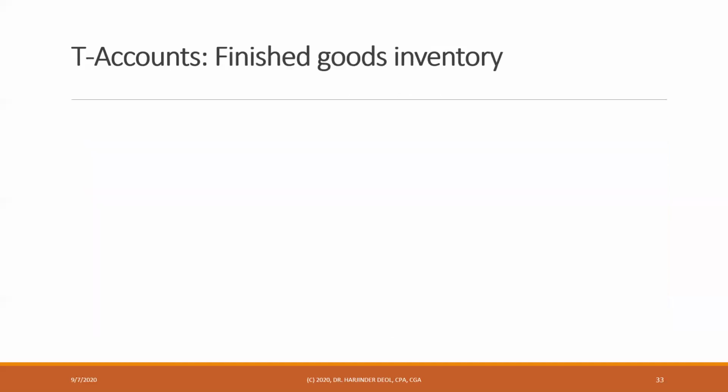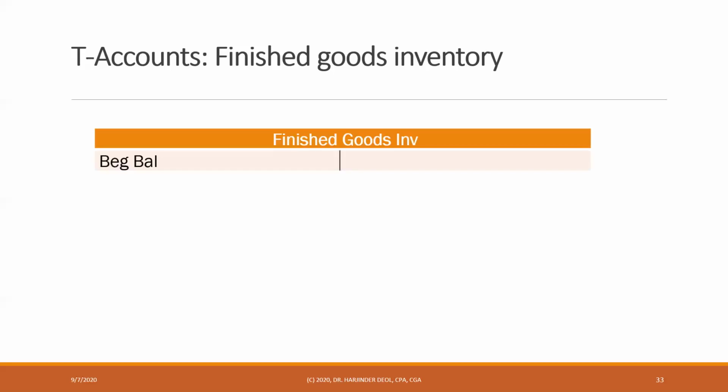Finished goods inventory, again, being an inventory account, has a beginning balance. The goods that were completed were transferred out of work in process into finished goods. So debit finished goods for the unadjusted cost of goods manufactured.